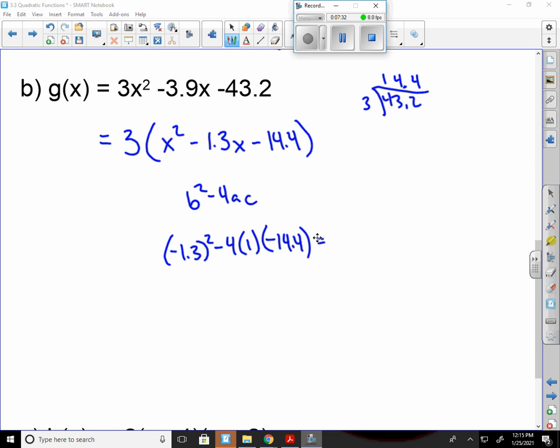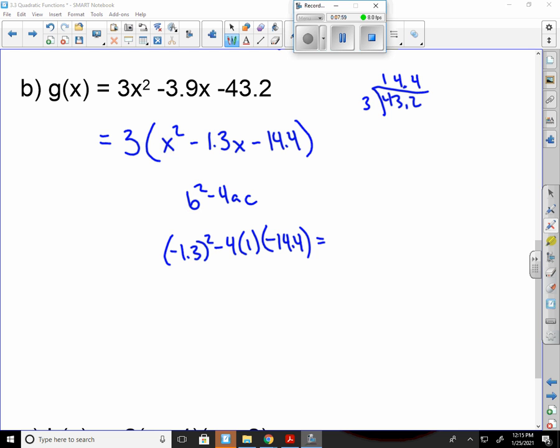So 4 times 14.4 plus 1.69 is going to give me 59.29.